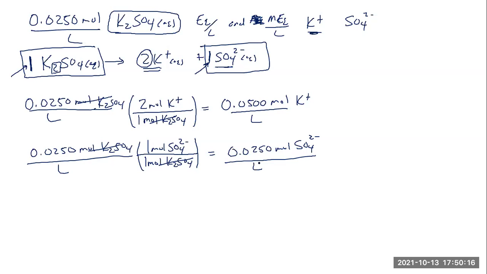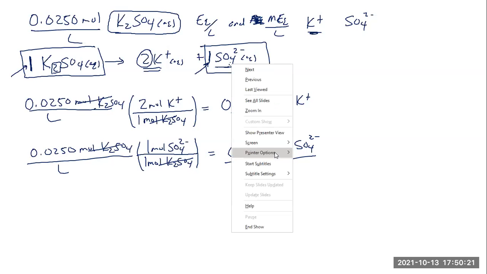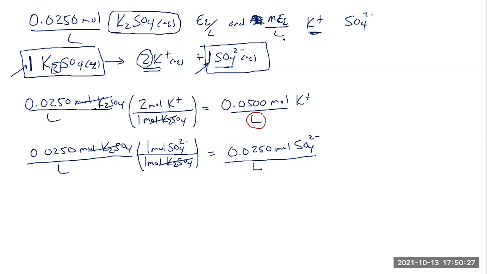If we look at where we are right now, we don't have a lot to change, because liters is on the bottom and we are looking for liters. So that part is fine. The only thing we need to change is to go from moles to equivalents.